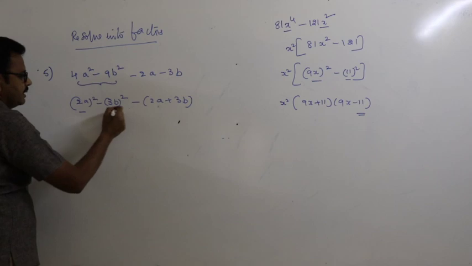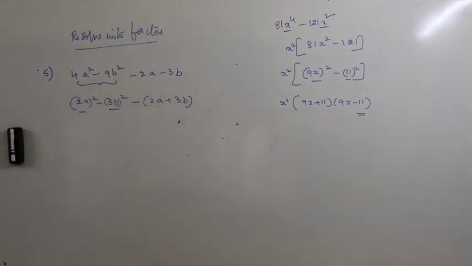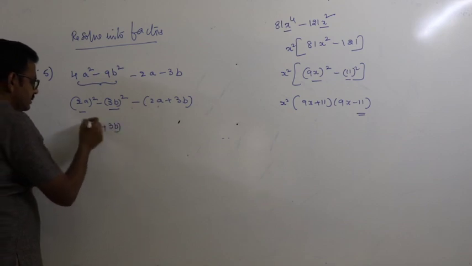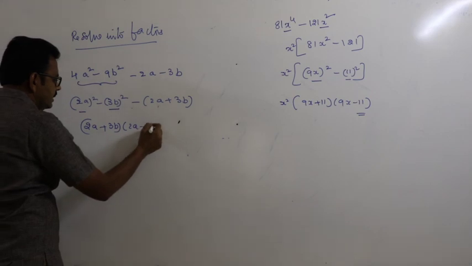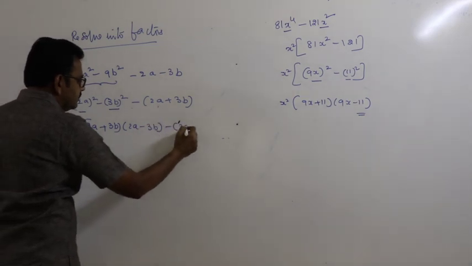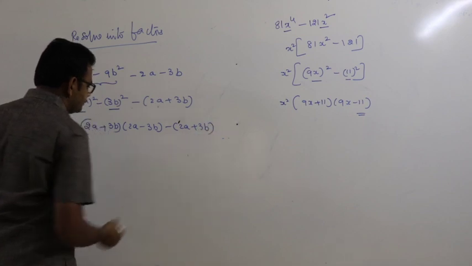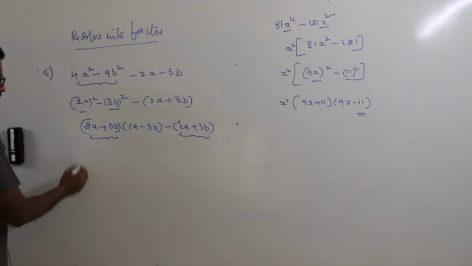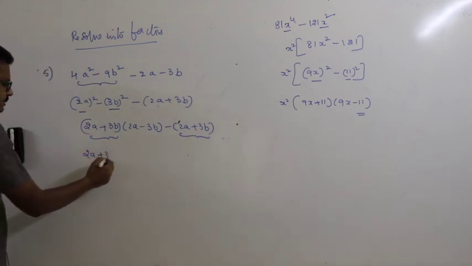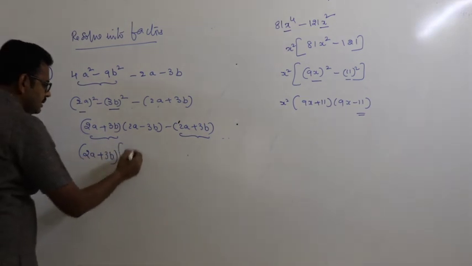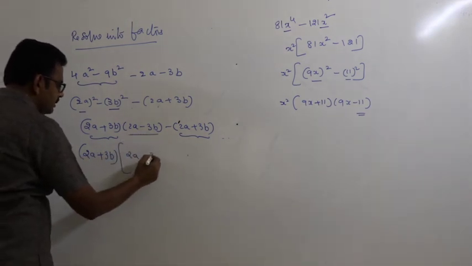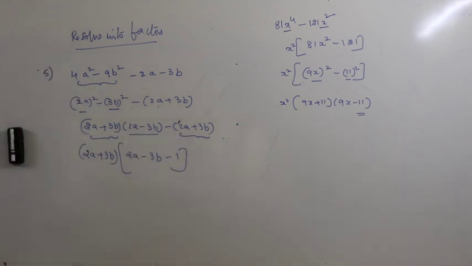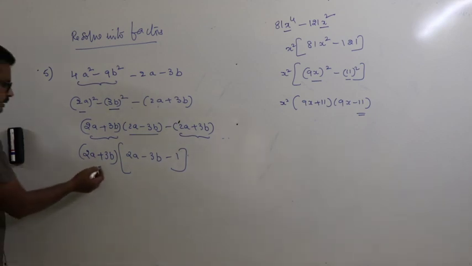Again this is a square minus b square, so a plus b into a minus b. 2a plus 3b into 2a minus 3b minus of 2a plus 3b. Here 2a plus 3b is taken common. Then the remaining is 2a minus 3b minus 1. So these are the factors.